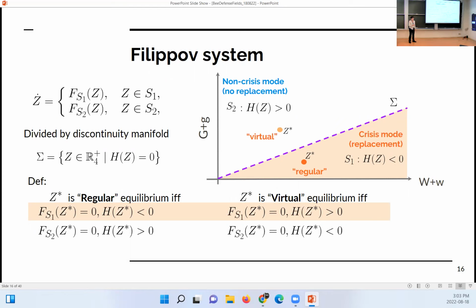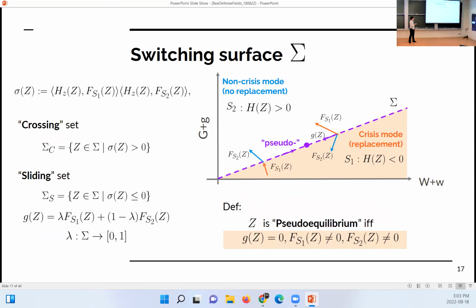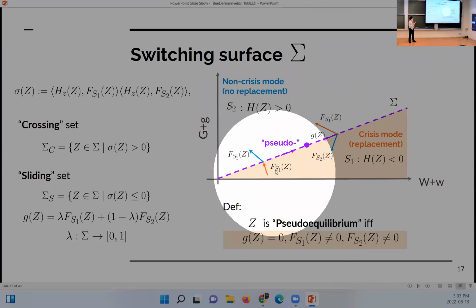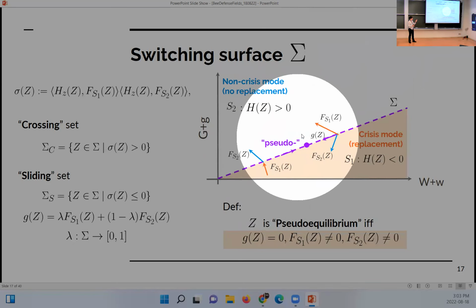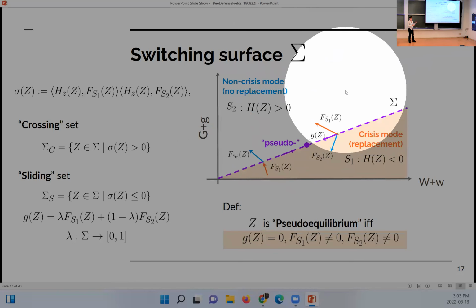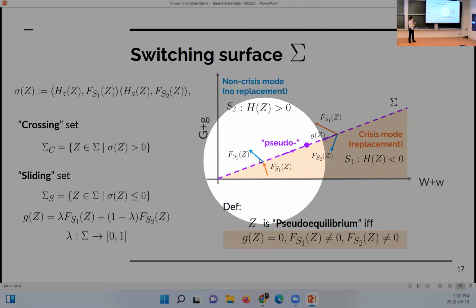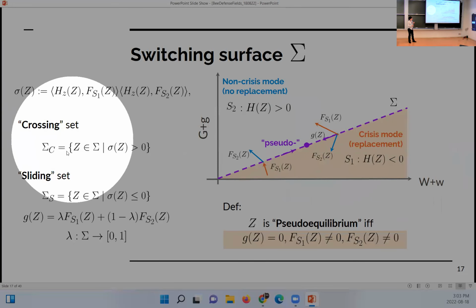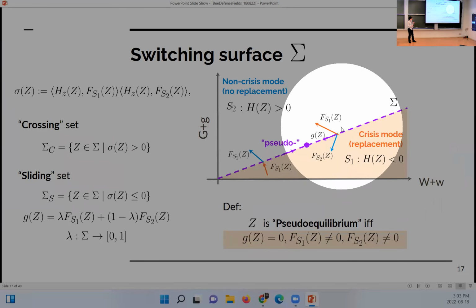And then the other thing that may happen, since we introduce this discontinuity manifold, is that on the switching surface we need to understand what happens. And the things we care about are basically either trajectories will just cross the boundary when the vector fields agree on the direction. If that happens, then we say this point on the switching surface is a crossing point, and thus we define a crossing set. But in some cases, the vector fields will not agree on the direction.